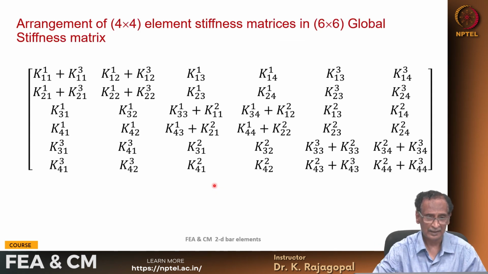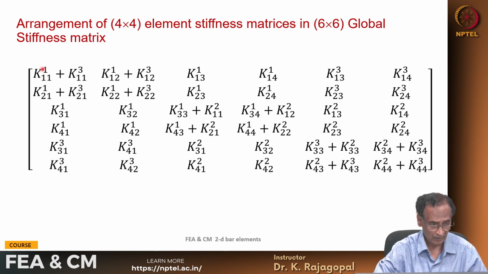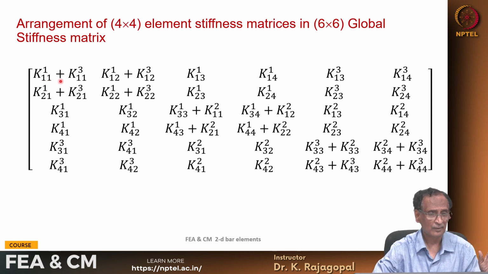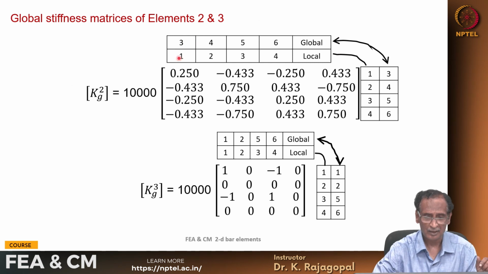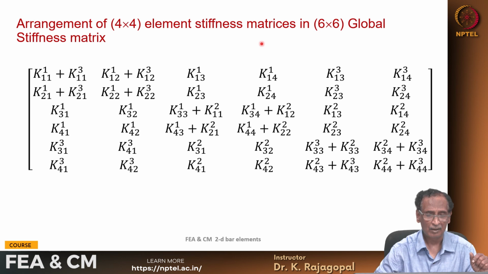If you do this exercise, this is our combined matrix in the global coordinates. The subscript refers to the element numbers, whereas the superscript 1 means that it corresponds to element 1. You see the correspondence between the local numbers and the global numbers, and accordingly the contributions are placed.